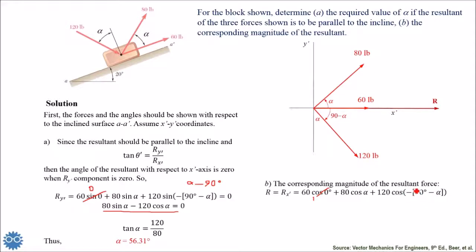Here we don't have to look for a rule of trigonometry, because we can already compute this value, and this will give us 204.23. Thus this will be the magnitude of the resultant in this problem, and this is the solution of this problem.